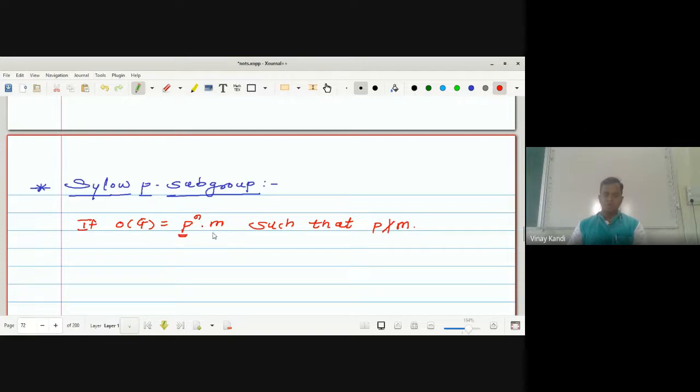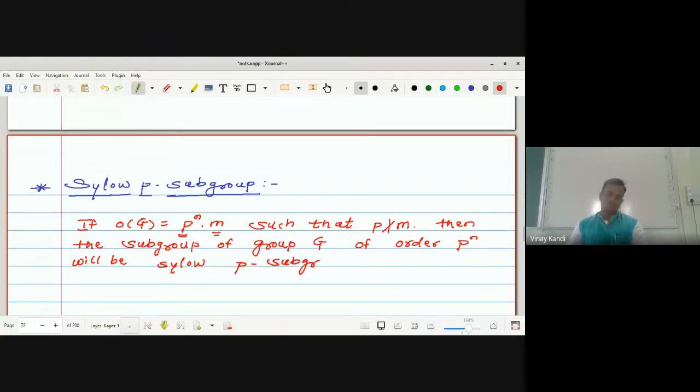Then the subgroup of group G of order P raised to n will be a Sylow P subgroup in G. That is, if the order of G is P^n times m such that P does not divide m, then the subgroup of G of order P^n is a Sylow P subgroup in G.